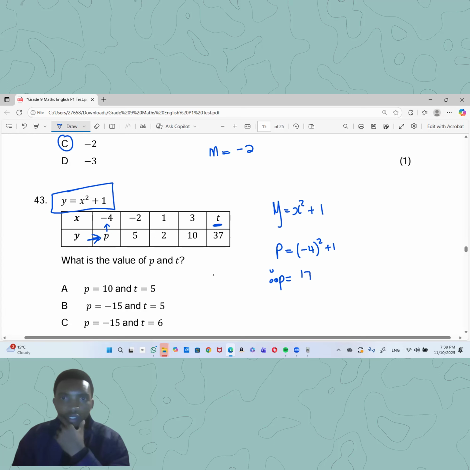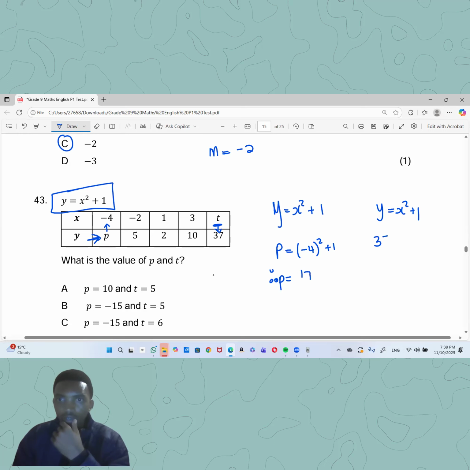There's T there. T is at the place of what, X or Y? At the place of X. And how much is our Y at that position? Our Y is 37.